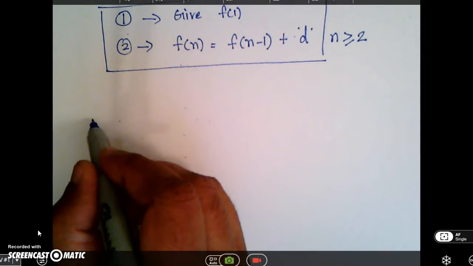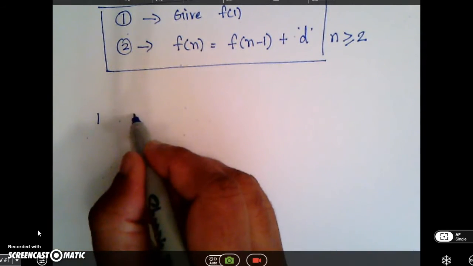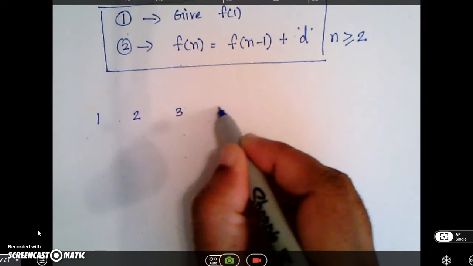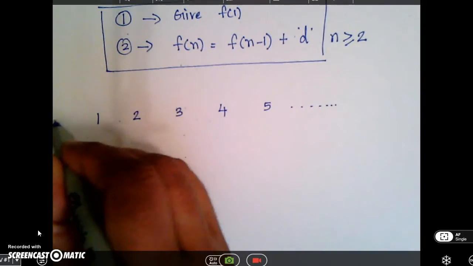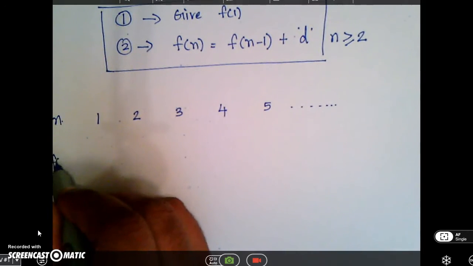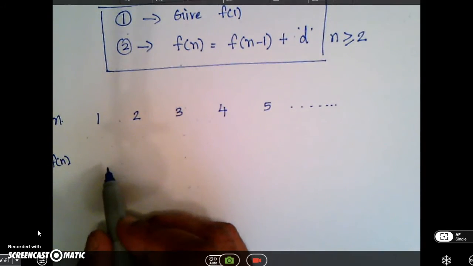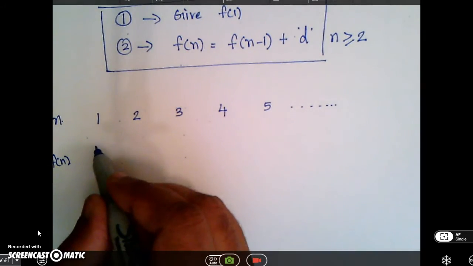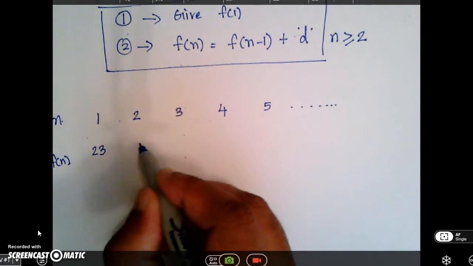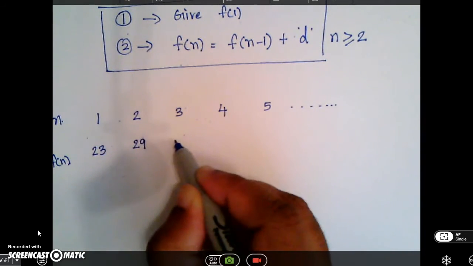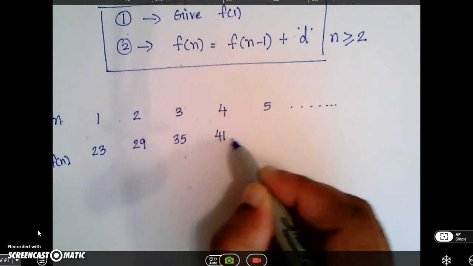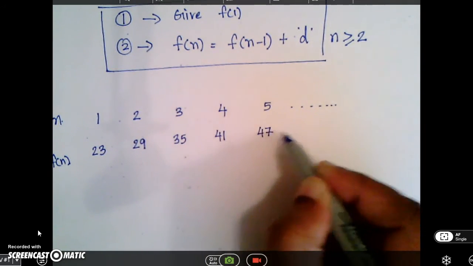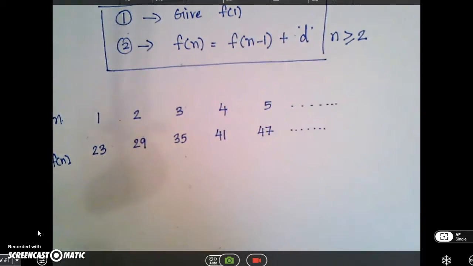Say I have a sequence 1, 2, 3, 4, 5, and so on. This is my n. My f of n, say I have 23, 29, 35, 41, 47, and so on.